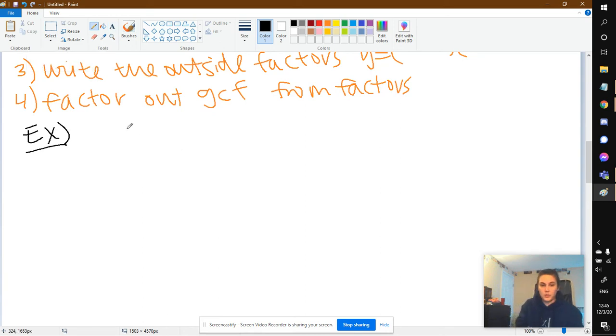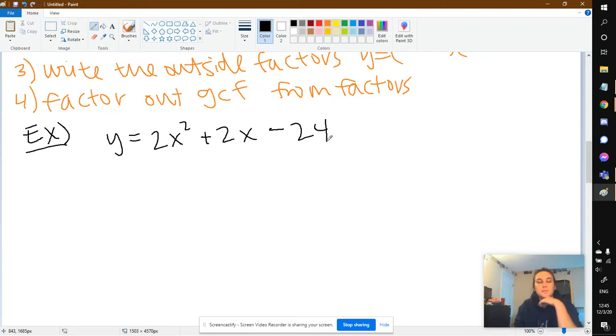If we have our standard form is 2x squared plus 2x minus 24, we want to factor this. We make an X puzzle. We put the 2 here. We put the negative 48 here.